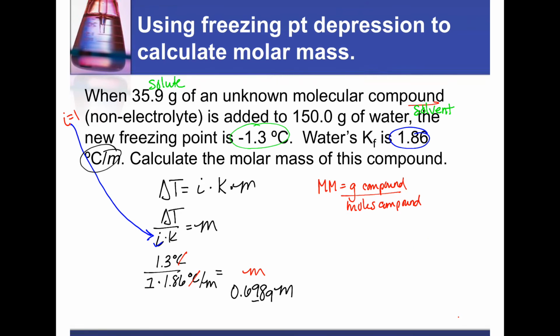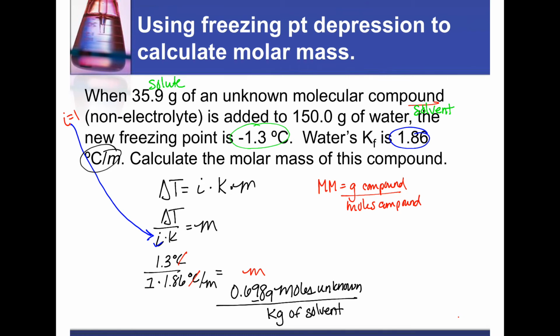All right, I've got molality, but how do I get to moles of compound? If we look closely at the units of molality, that would be moles of our unknown, our solute, divided by kilograms of solvent.